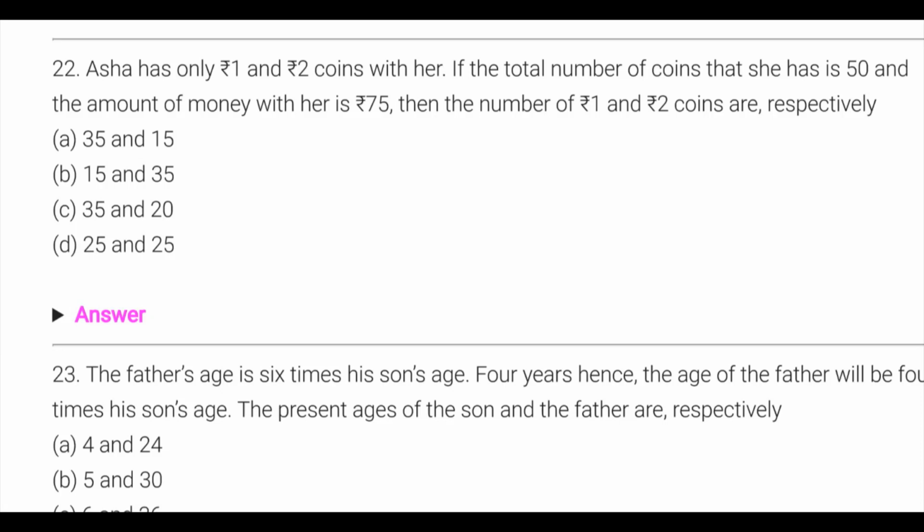We can solve this question in the traditional method, but instead we can just substitute the options here and verify them directly. If I have 35 1 rupee coins, that will be 35 rupees, plus if I have 15 2 rupee coins, that 15 is 30.